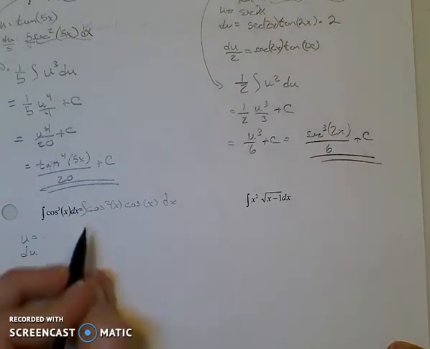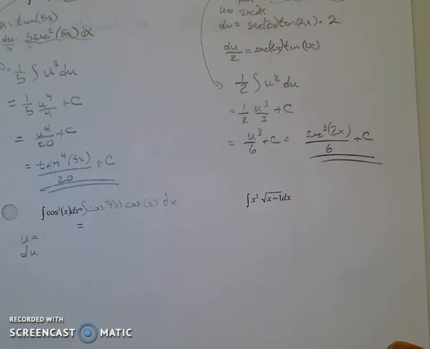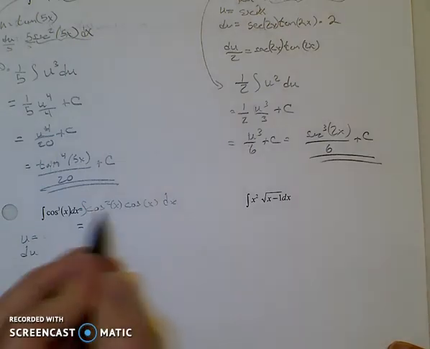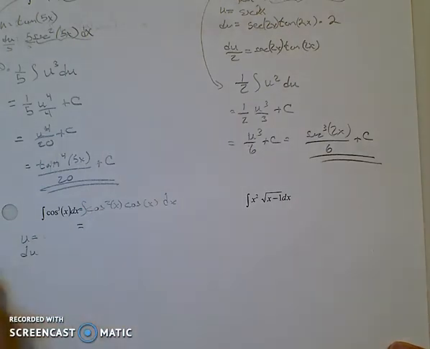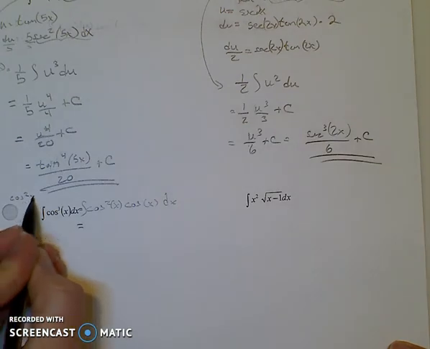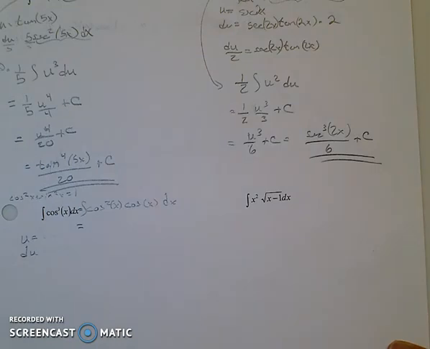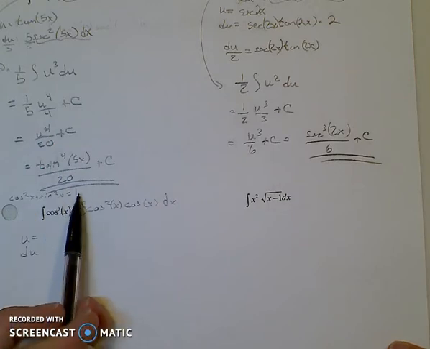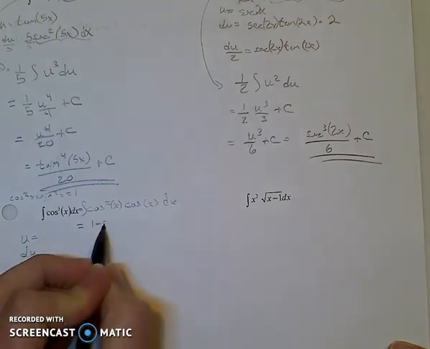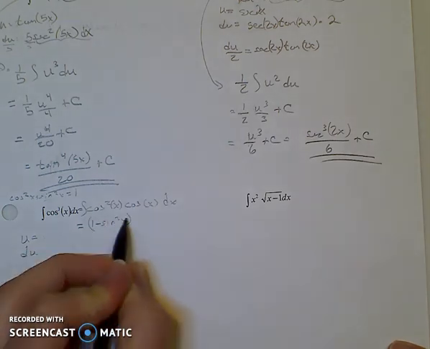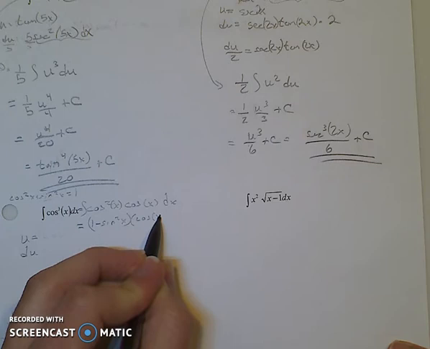And hopefully one of you is thinking right now that, well, we know the Pythagorean identity, that cosine squared plus sine squared equals 1. Thankfully, one of you realizes that cosine squared x plus sine squared x equals 1, so we can change cosine squared x to 1 minus sine squared x, times cosine x dx.